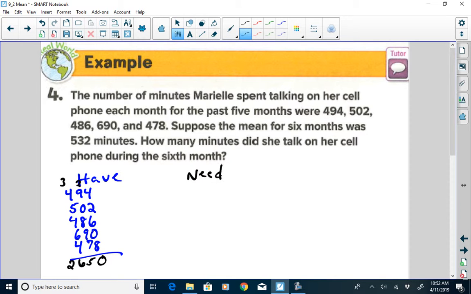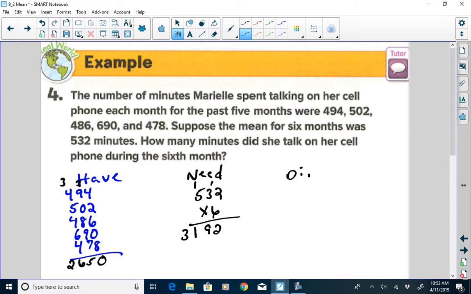What we need, if the mean for 6 months was 532, is a total number of minutes of 532 times 6. 6 times 2 is 12, 2 carry the 1. 6 times 3 is 18, and 1 is 19. Carry the 1. 6 times 5 is 30, and 1 is 31. We need 3,192 minutes.